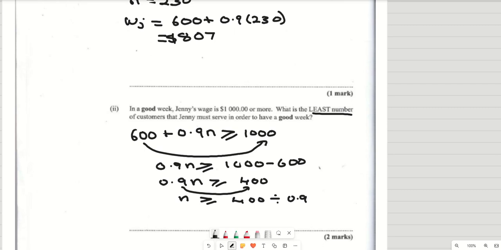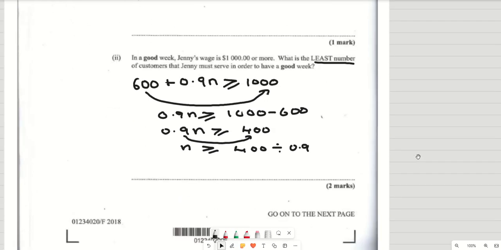So when you put in your calculator 400 divided by 0.9, you are going to get a fraction, n being more than or equal to 444 and 4 ninths. Now, we are talking about persons here, so you cannot have 4 ninths of a customer.